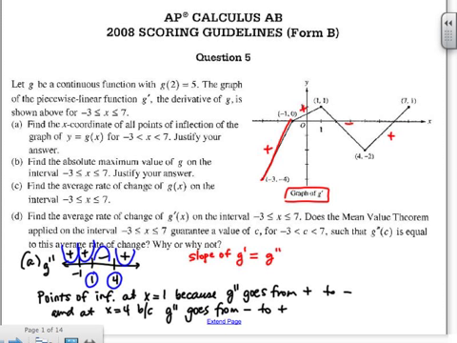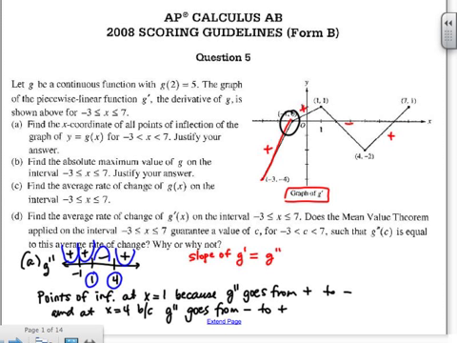But then you also probably need to think about what's happening at negative 1. If you notice, when we talk about a point of inflection, that's going to be when g double prime is equal to 0. So the question is, does g double prime equal 0 here? The slope of g prime is not equal to 0 there.